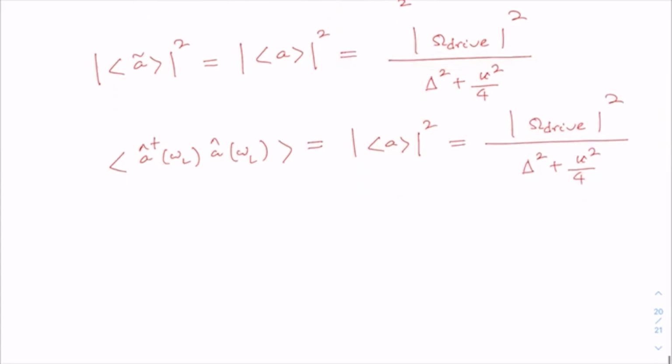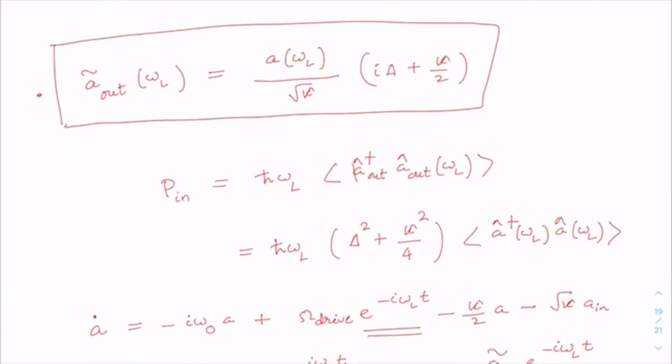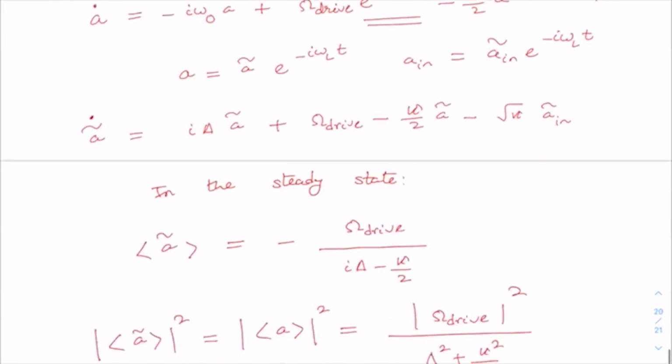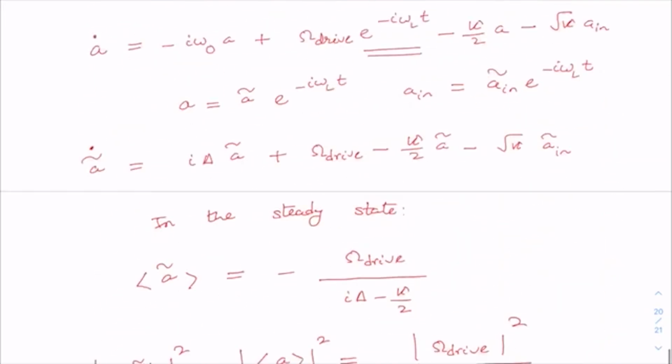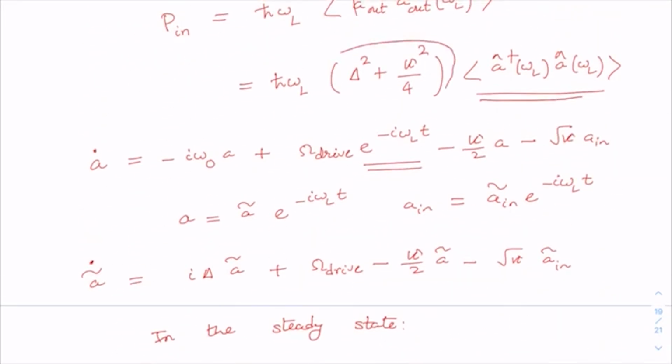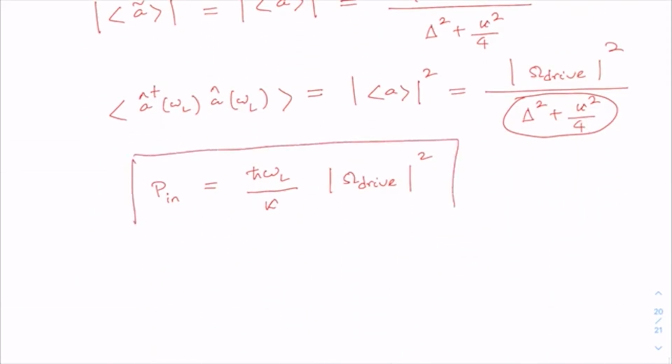So therefore we'll obtain P in is equal to h cross omega L. Let me show you the expression here once again. We now got this expression. So it would be h cross omega L divided by kappa, times mod omega drive squared, because this particular term gets cancelled by this term, and we have this expression for input power.